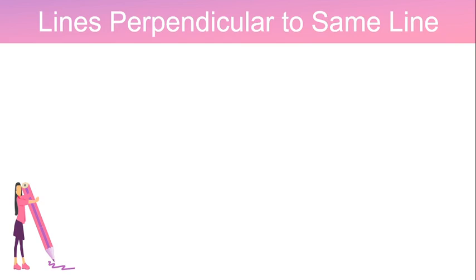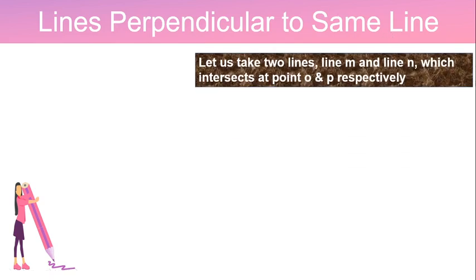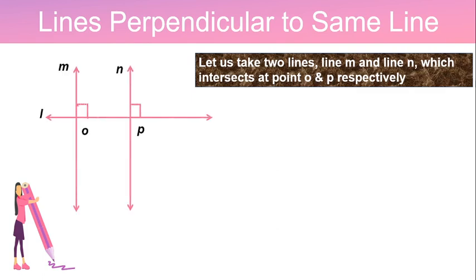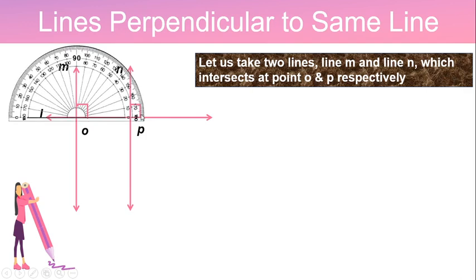Now, let's take another concept, that is lines perpendicular to the same line. Take two lines M and N, which intersect the line L at points O and P. Now, measure the angle between M and L with the help of the set square.